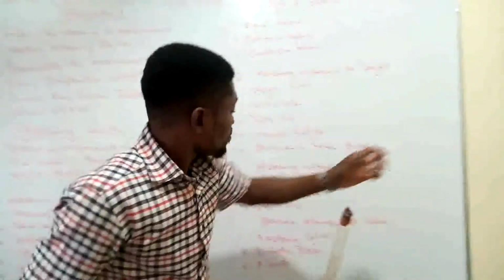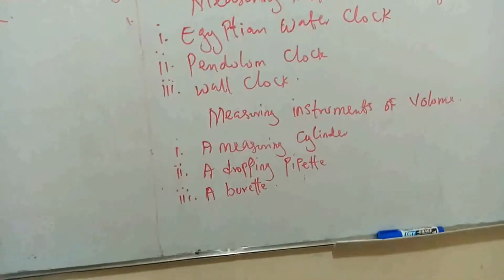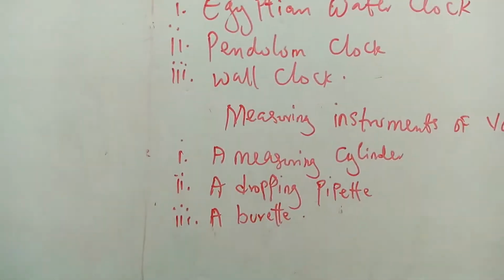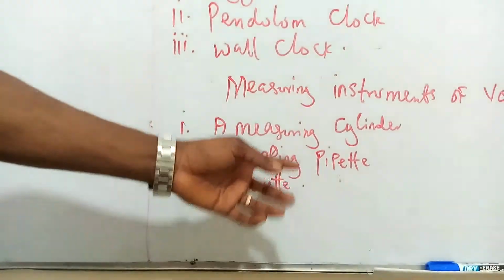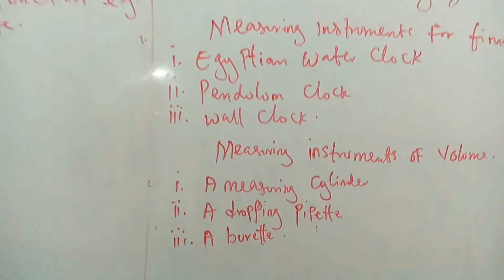Okay, we also have measuring instrument of volume. We have here the measuring cylinder, we have the dropping pipettes, and we have the burettes.